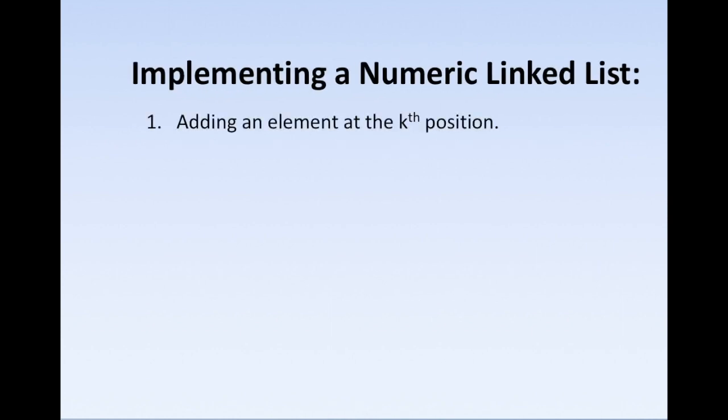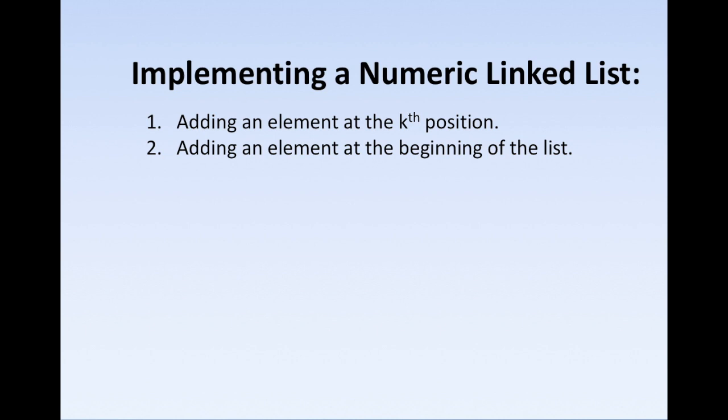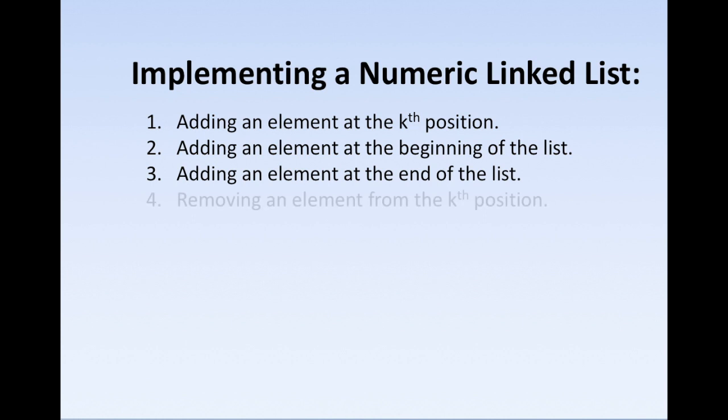So how would we implement a numeric list? We want to add an element at the kth position. So we can add an element anywhere in the linked list at any position. These are the functions that we are going to be implementing. We can add an element at the beginning of the list as well as at the end of the list, or in the kth position.